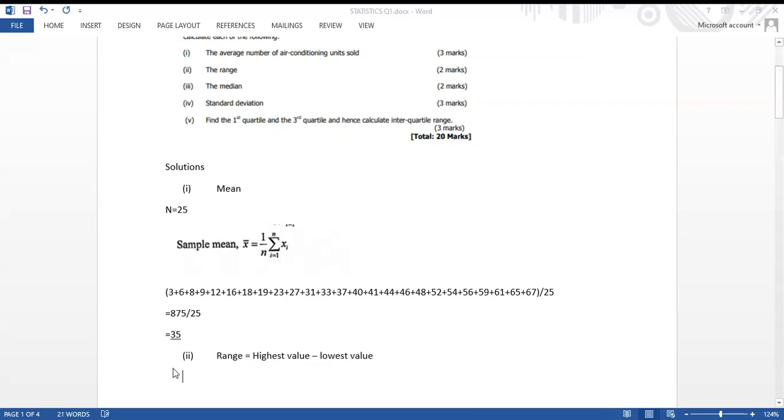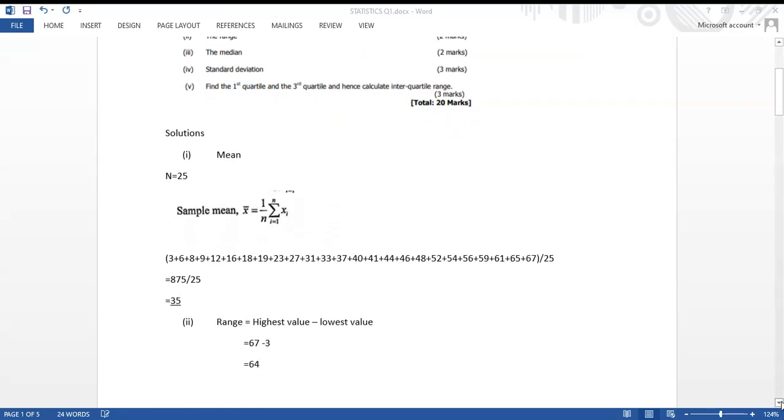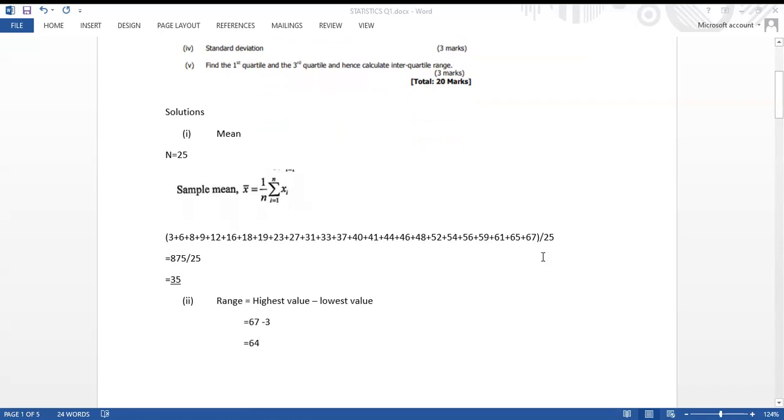So our highest value in this case is 67. Our lowest value is 3. 67 minus 3 gives us 64.